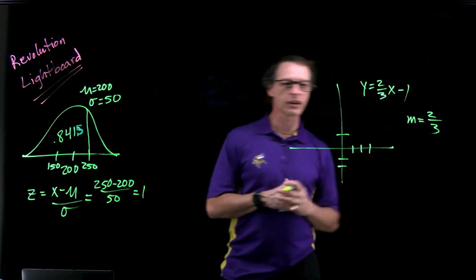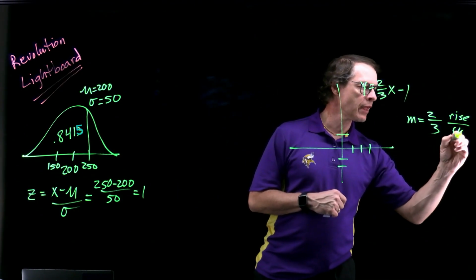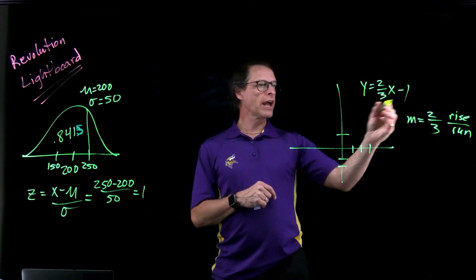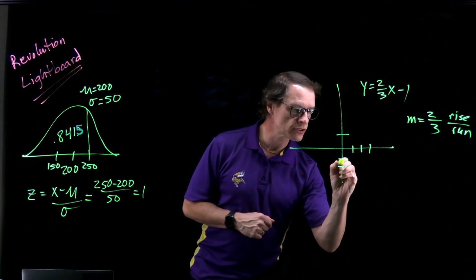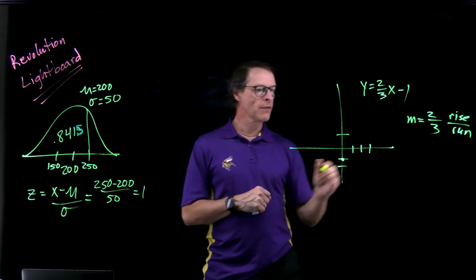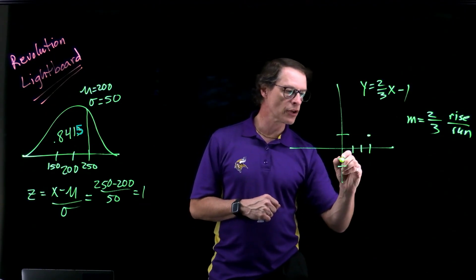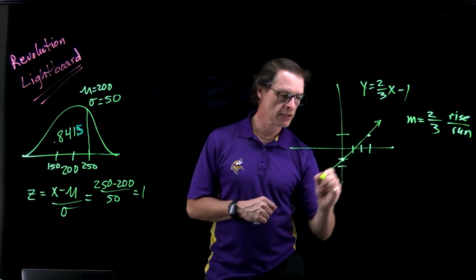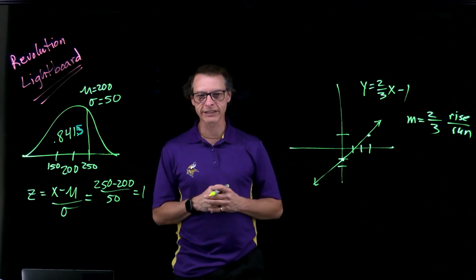And so we teach our slopes that that's rise over run. And we're starting when x equals 0, y equals -1. And so the point 0, -1, we rise 2 and we run 3. And so this is the line that we're creating. Okay, and so a couple different examples of how we can utilize the board.